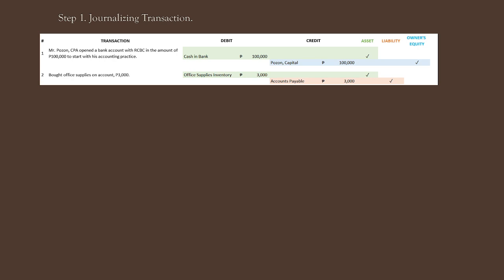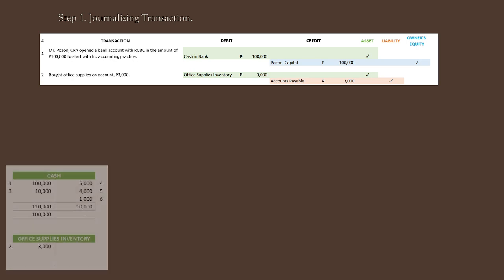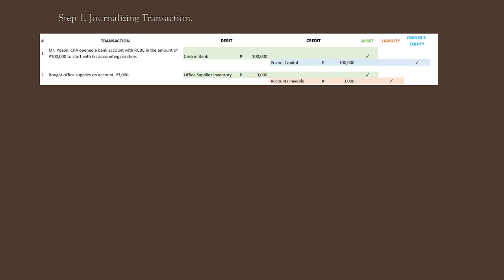So the journal entry is debit cash in bank 100,000, credit Pozon capital 100,000. Then January 2, bought office supplies on account 3,000 pesos: debit office supplies inventory 3,000, credit accounts payable 3,000 pesos. Cash in bank and office supplies are both assets. Pozon capital is owner's equity. Accounts payable is a liability account.